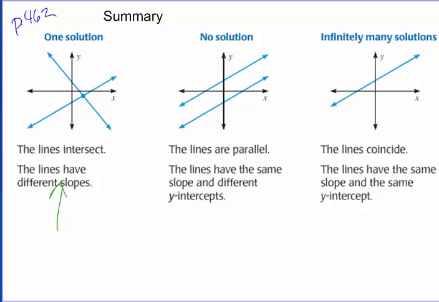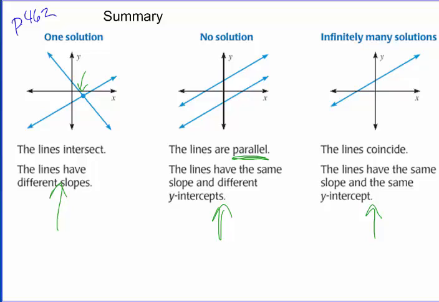The lines intersect at a single point. Then you would identify what that point is. You have the no solution, which means your lines are parallel. So you have two lines that do not intersect. Then you have the infinitely many solutions, which means the two equations give you the exact same line. So if you look at the graph, there's only one line on the graph.